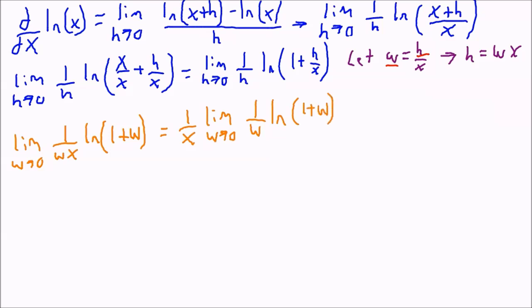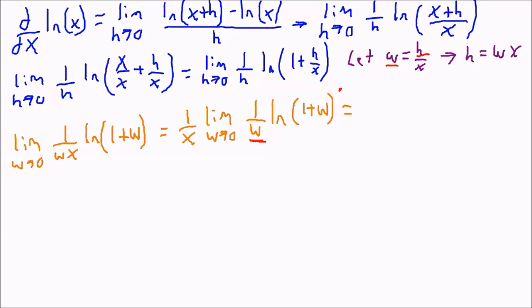Another thing we'll notice, by remembering another rule of logarithms, is that when I have a constant in front as multiplication, like I do with my 1 over w, I can put it in the exponent spot, since we're taking it with a logarithm.